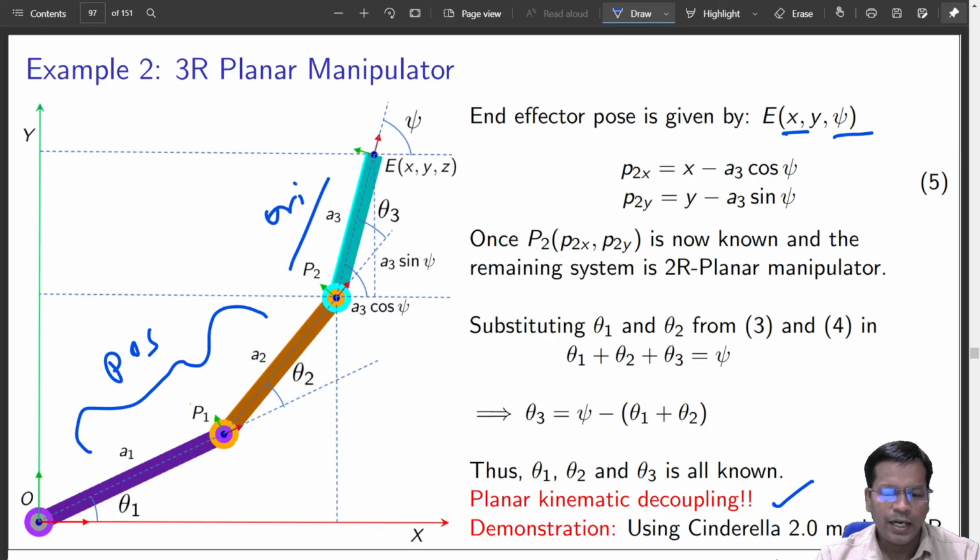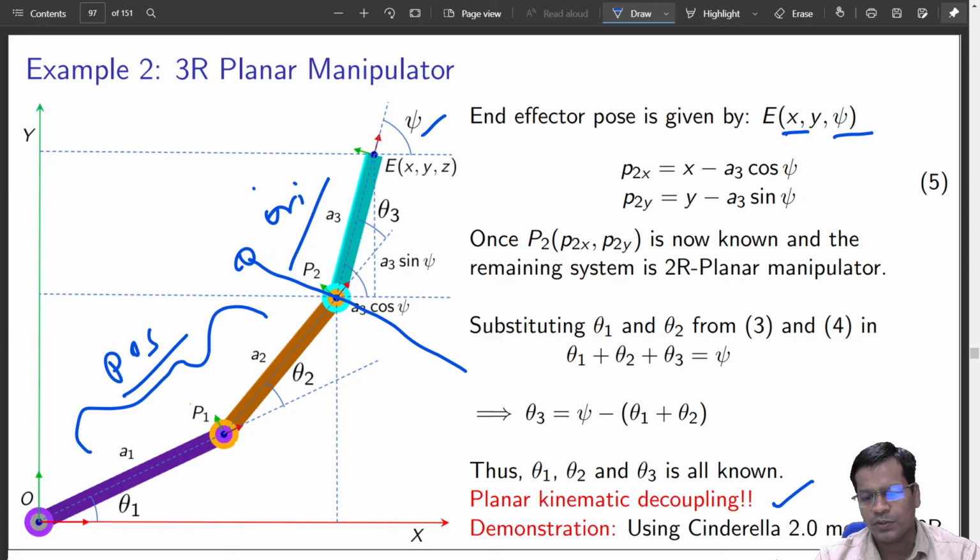I have decoupled the robot till here. So for the orienting part, I have used this orientation angle to reach till this point, and I have used the positioning solution to get the rest of my solution. So I have kinematically decoupled this robot into a position and orientation solution.